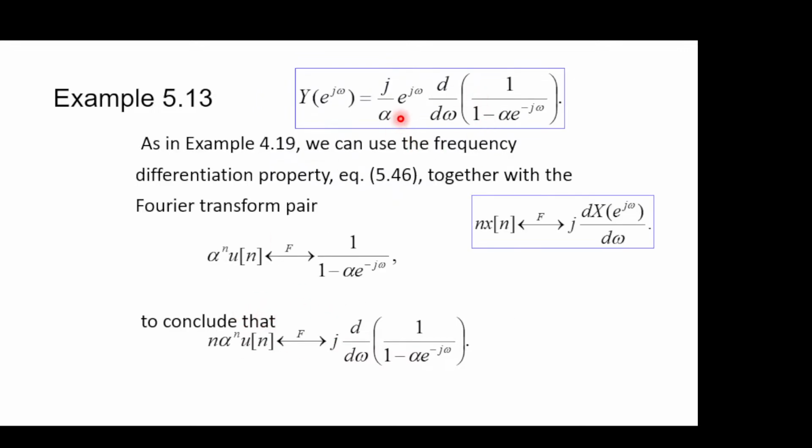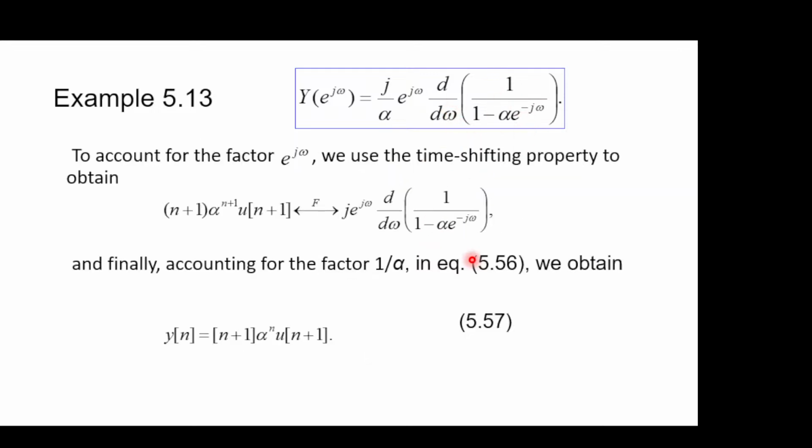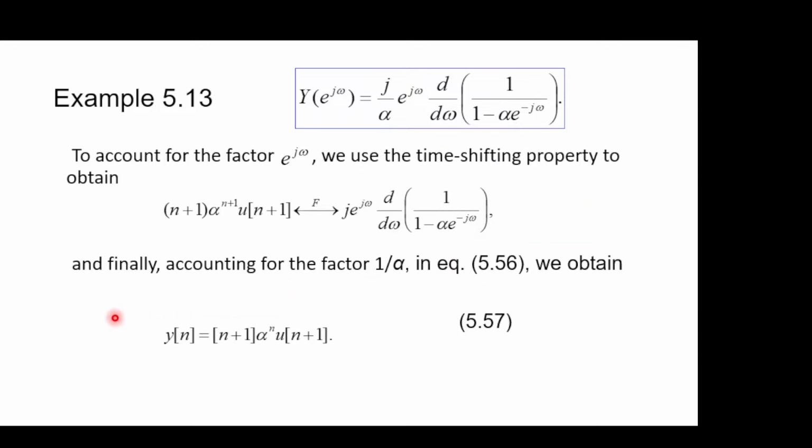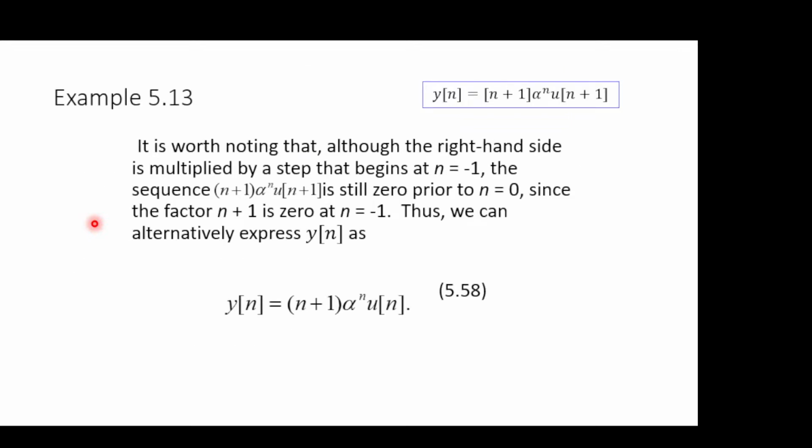So differentiation gives you this extra n, and you need to deal with the extra j omega by doing a time shift. So that's why it's n plus 1 here. Okay, so let's go back.